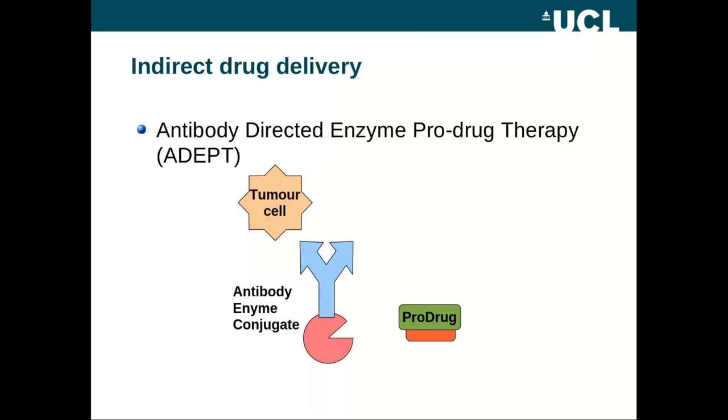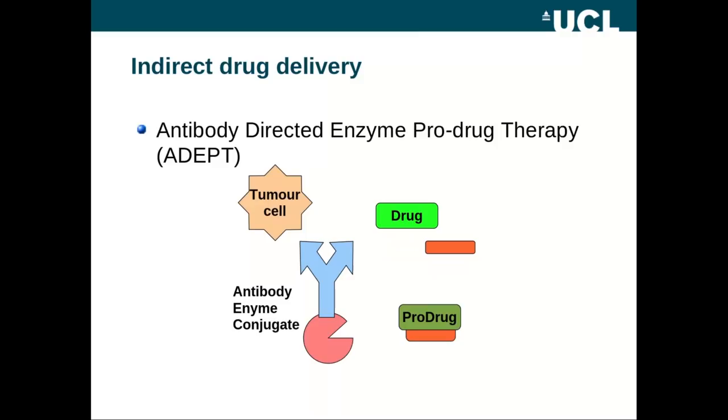Now, what happens here is that this enzyme is designed to break this prodrug down and release the active drug and some sort of inactive leaving group. So the idea here is that you produce a high concentration of the drug just where the tumour is and not around the rest of the body.